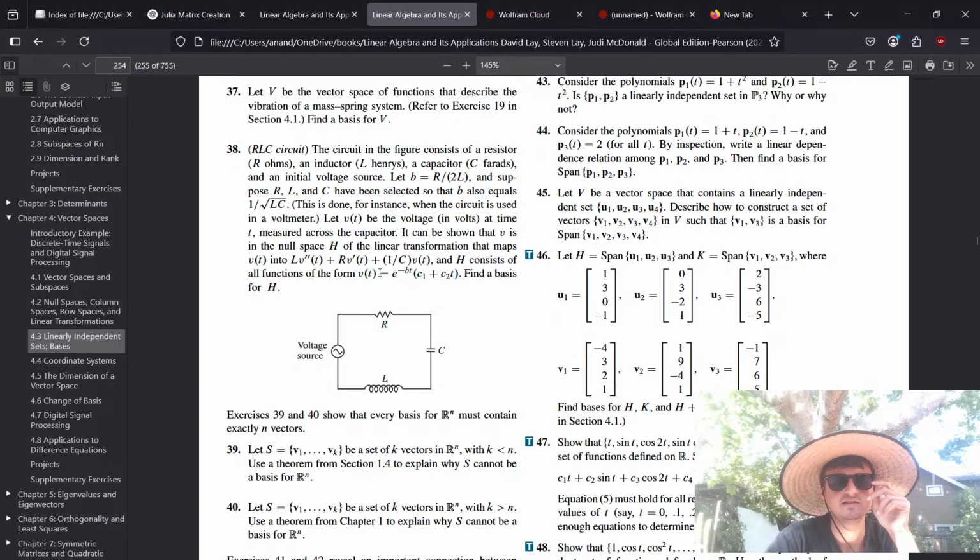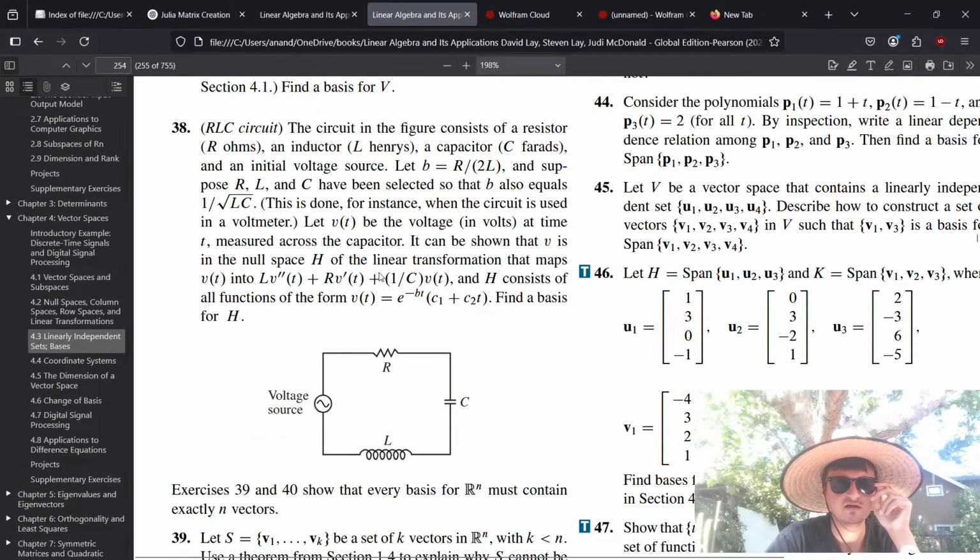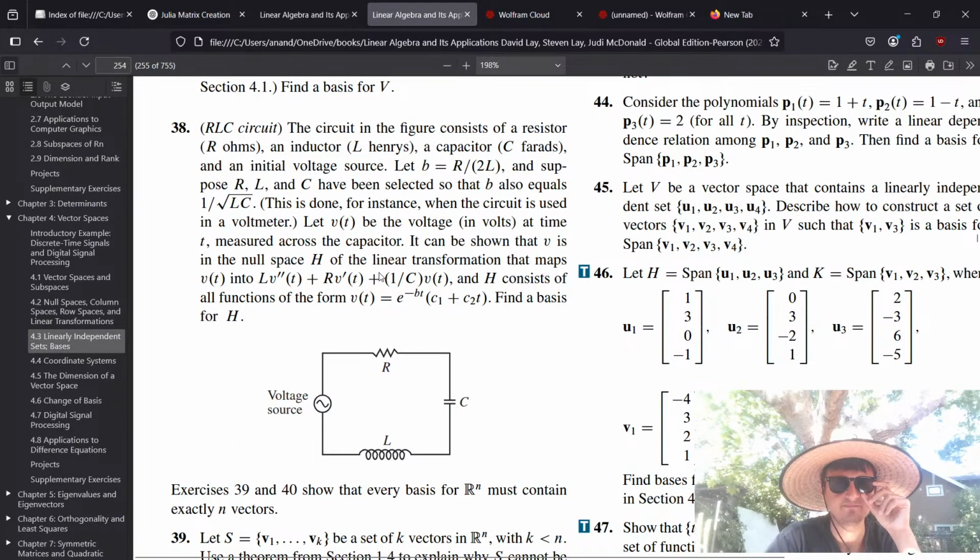But I think, if we expand this out and distribute, we get c1 times e to the minus bt plus c2t times e to the minus bt.